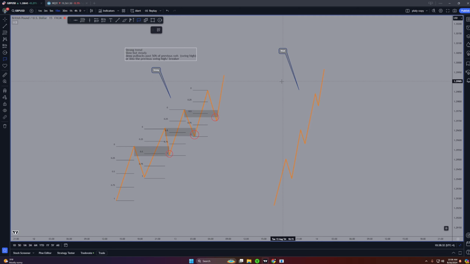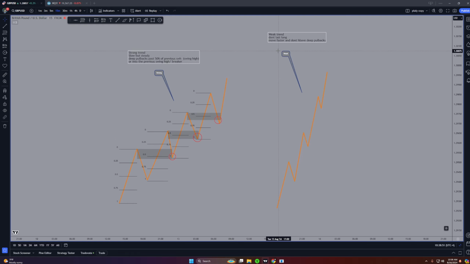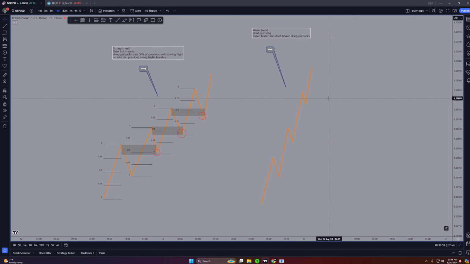Now, weak trends typically don't last long. Those are the attributes: they don't last long and they don't have deep pullbacks. So this one's equalizing itself on the way up and this one is not.